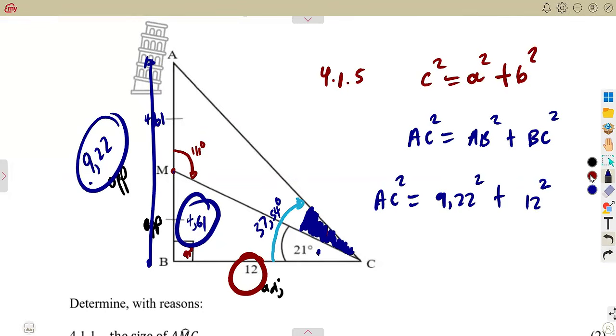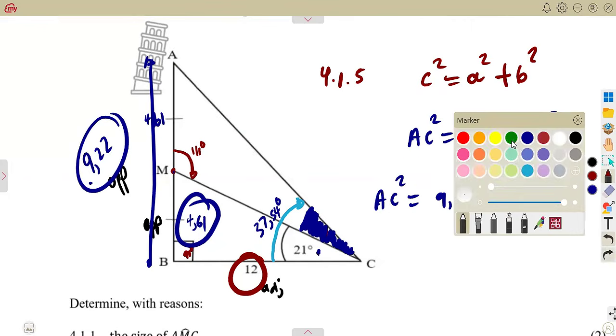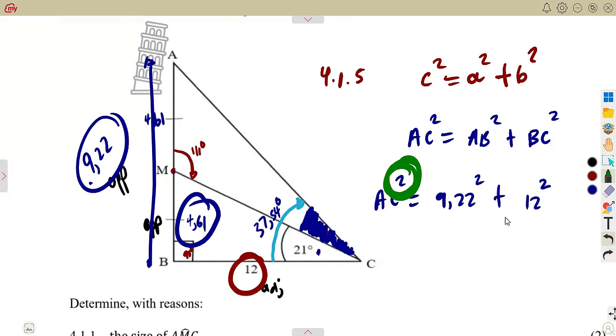You can either use your calculator directly, or just remove the square by introducing the square root on both sides.